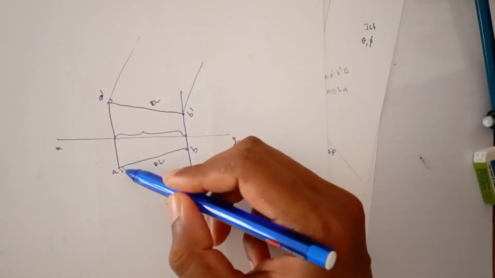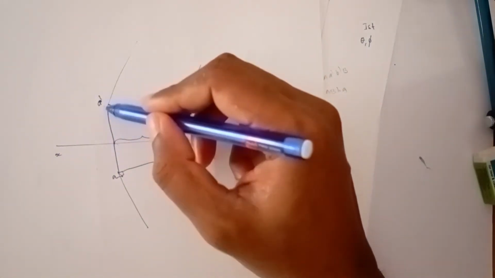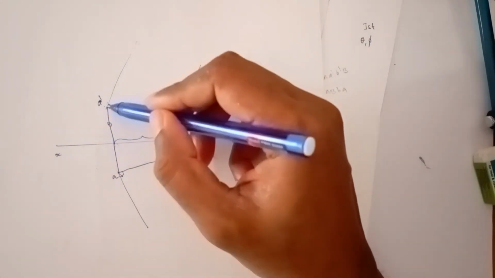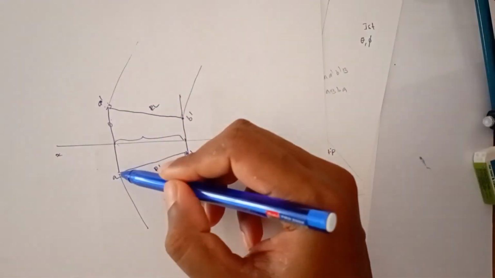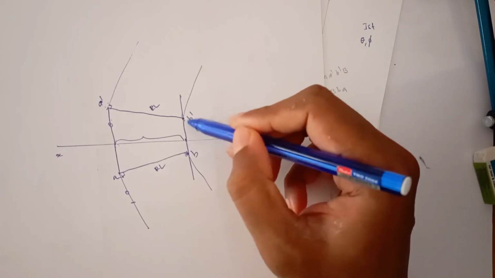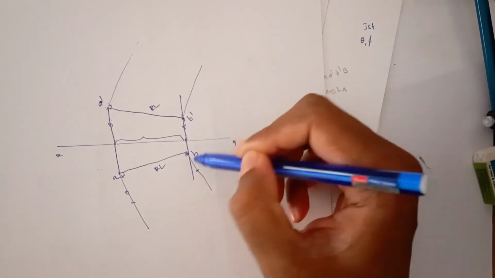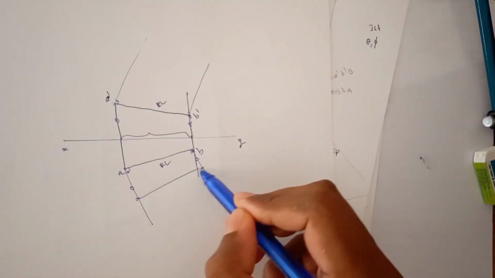Here also draw a perpendicular line and measure this distance from here to here. Measure this distance and mark the same distance here. Here also measure this distance and mark it here. This will be our true length.